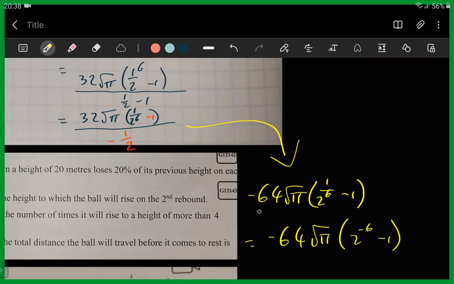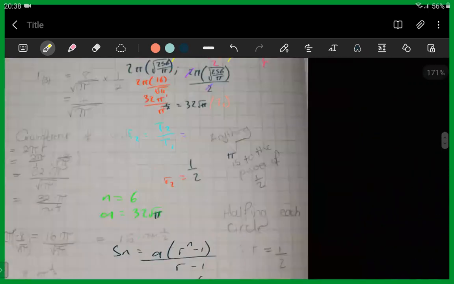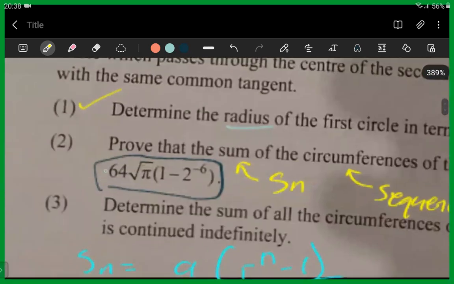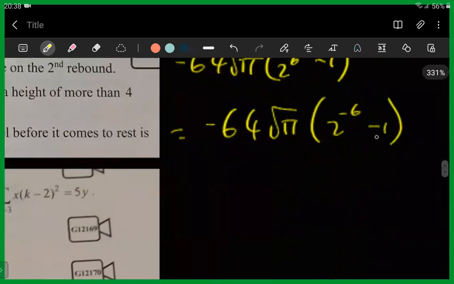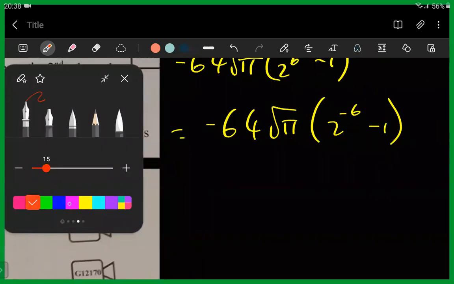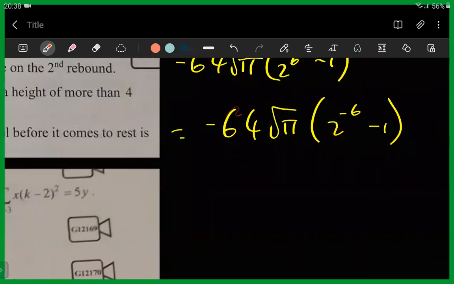And then the one that they gave us here has a plus 64. For us to get a plus 64 here, they took out a negative inside here, because the 1 is initially a negative and the 2 is initially a positive value. If you take out a negative inside here, you're going to have negative 64 outside.